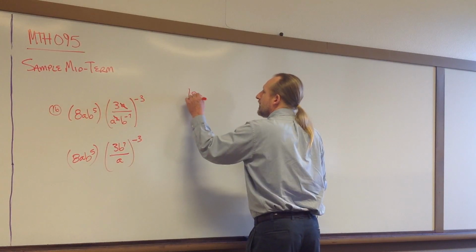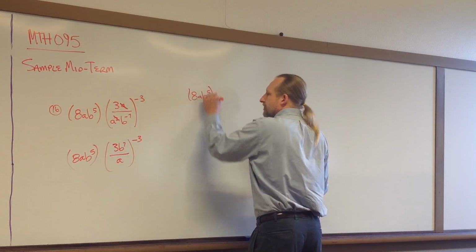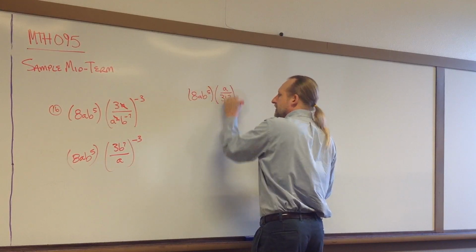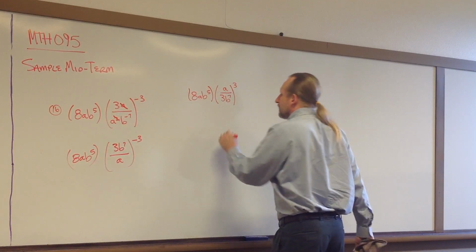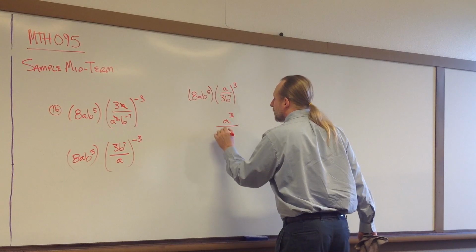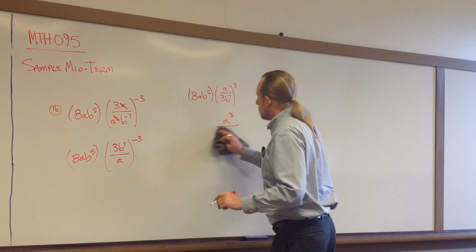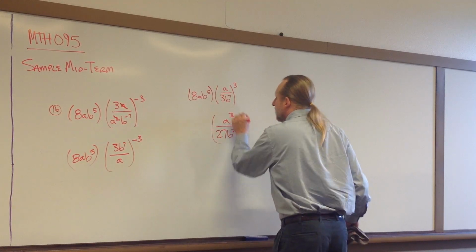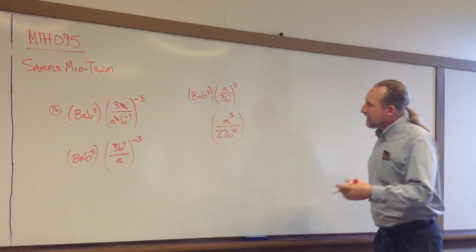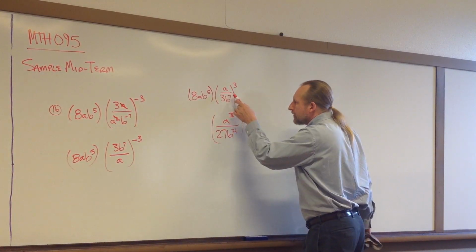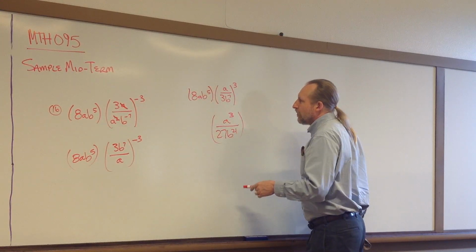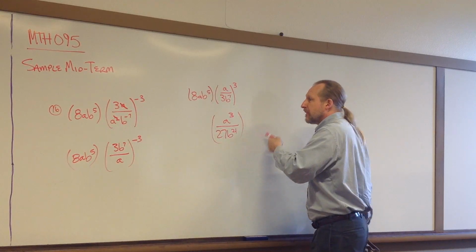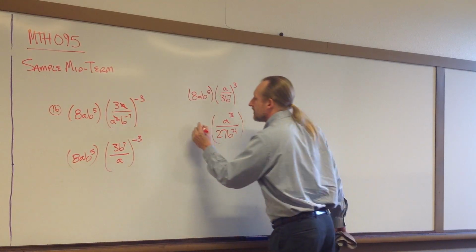So we got 8AB to the 5th, and then A over 3B to the 7th to the positive 3rd power. So that's A to the 3rd, not 9, 27. B to the 21st. And again, I almost made that mistake. Notice here, I multiplied 7 times 3 to get 21. But here I did 3 to the 3rd power, 3 times 3 times 3, to get that 27.